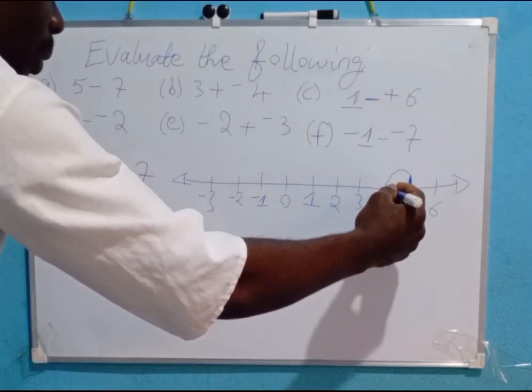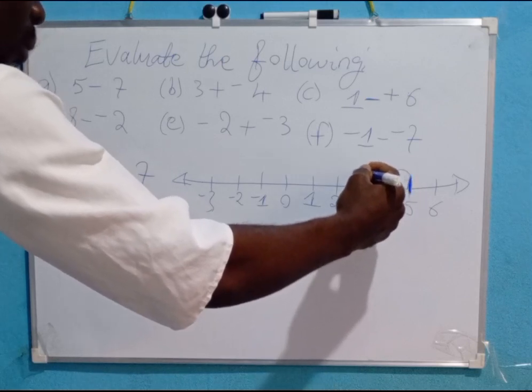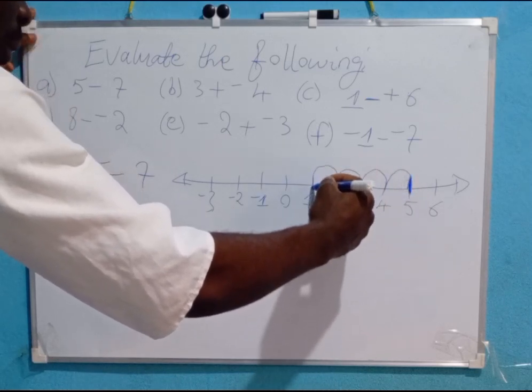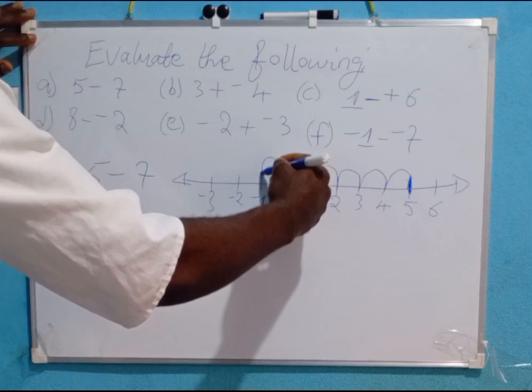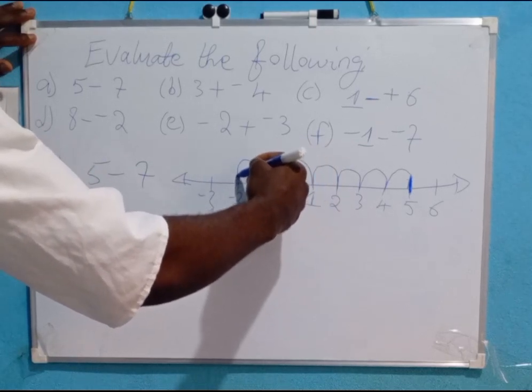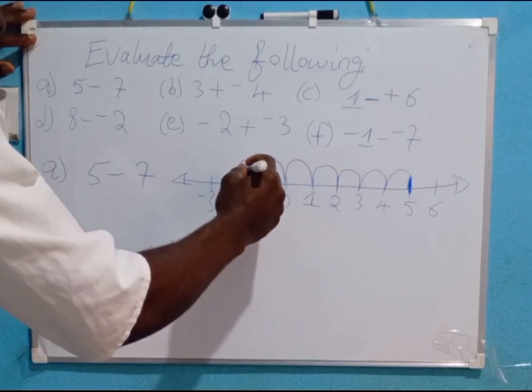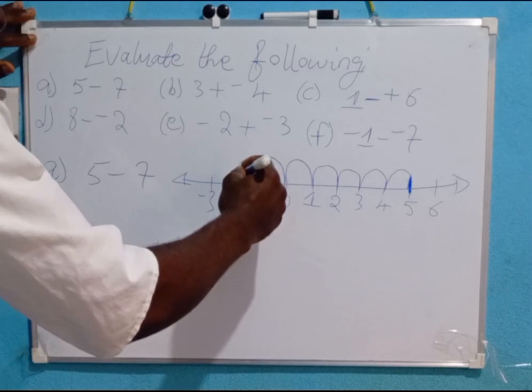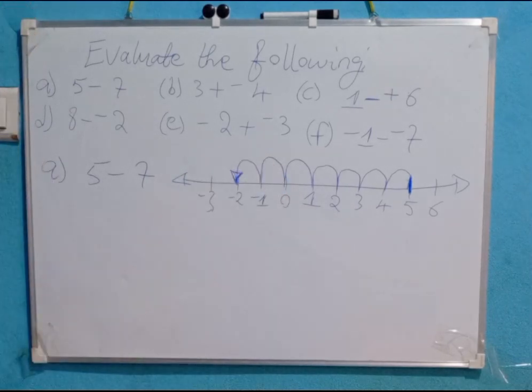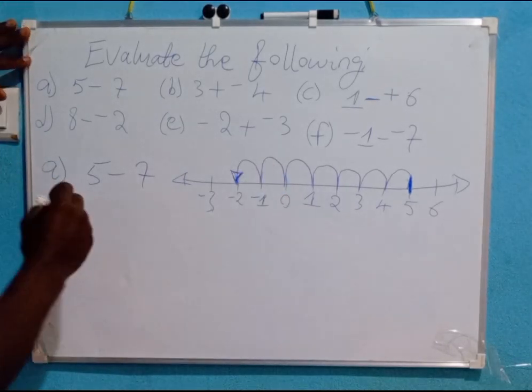We do the counting: 1, 2, 3, 4, 5, 6, 7. Where we end, we put an arrow, indicating that this is the final answer.